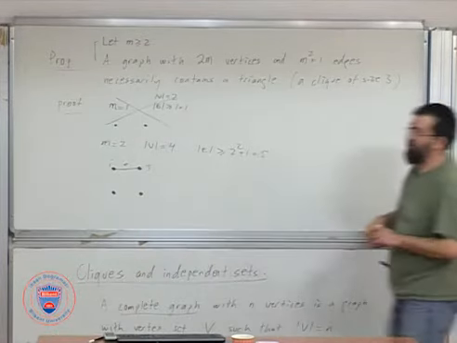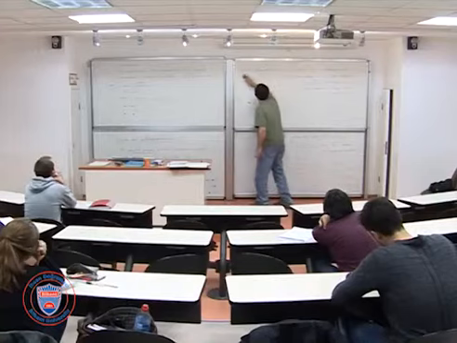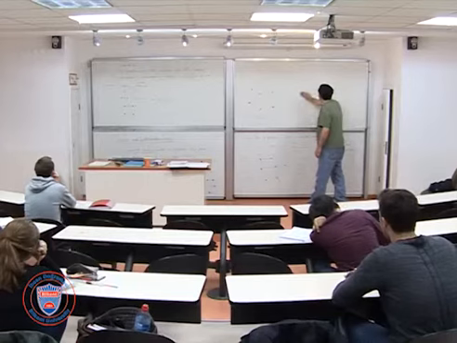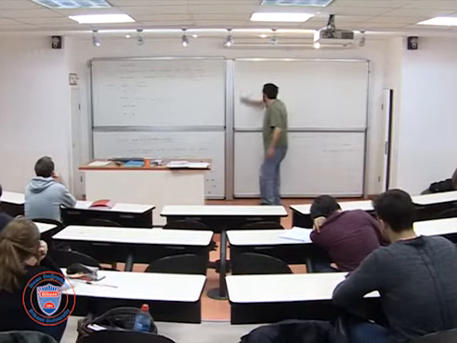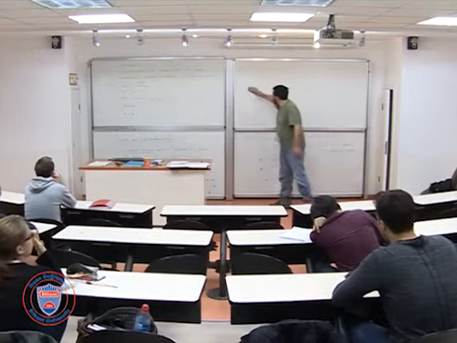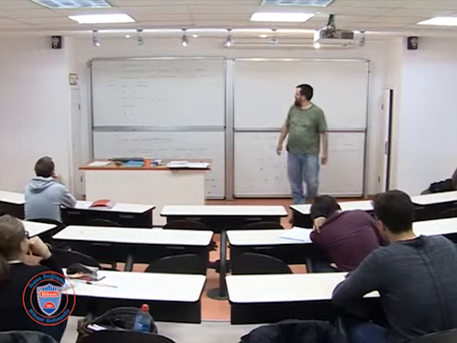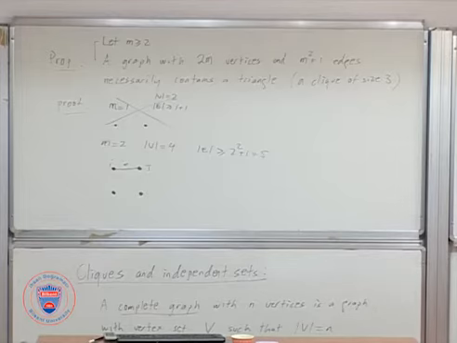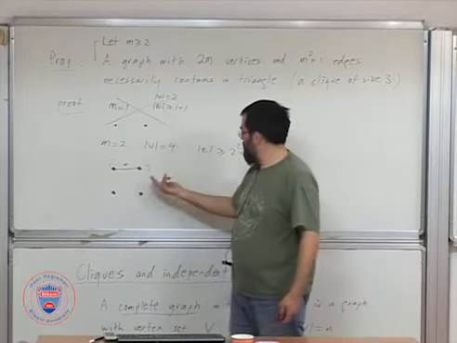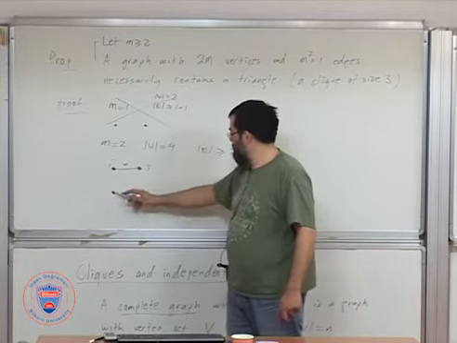Do you see a simple argument for m equals 2 that doesn't use the general argument? If you have more than 5 edges, why do you have a triangle? I mean, it's easy with 5, right? I only put one edge, and you have to put one more edge. By symmetry, I have to attach to one of them.